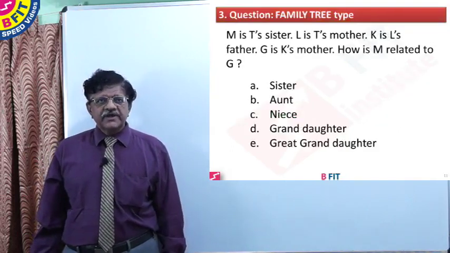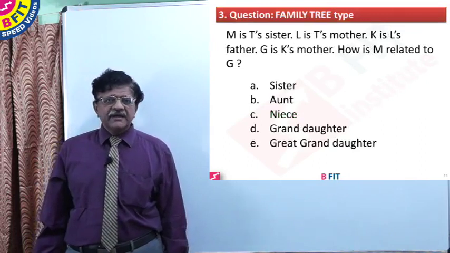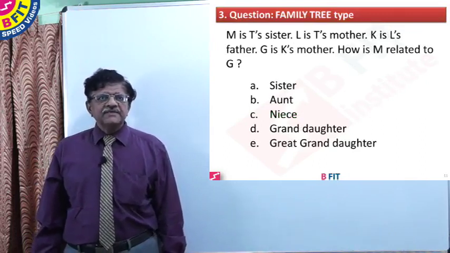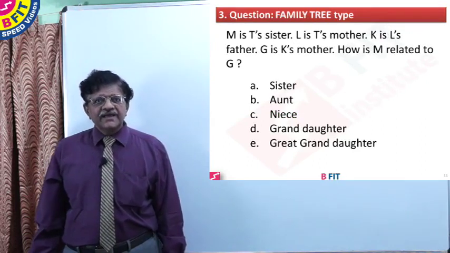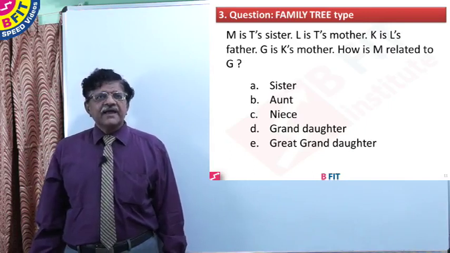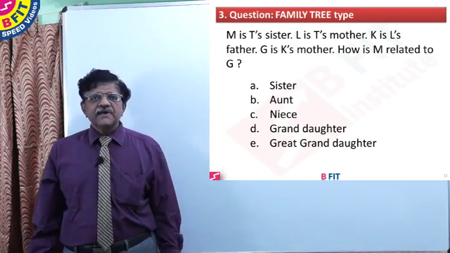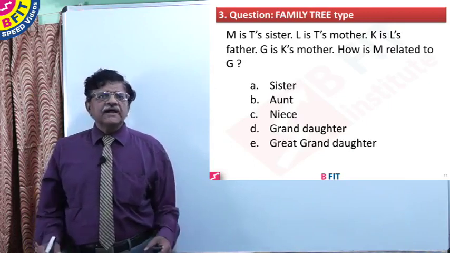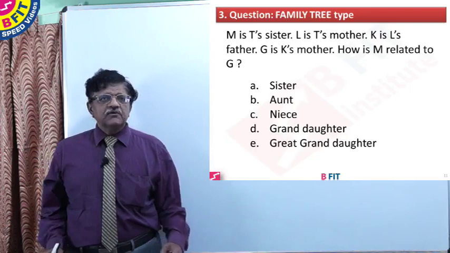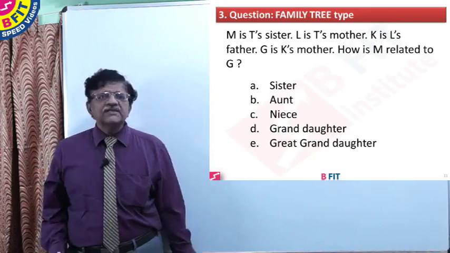Question number 3. This is again a family tree type question. M is T's sister, L is T's mother, K is L's father, G is K's mother. How is M related to G? Without a diagram, family diagram, this will look very confusing. Let us see the working.